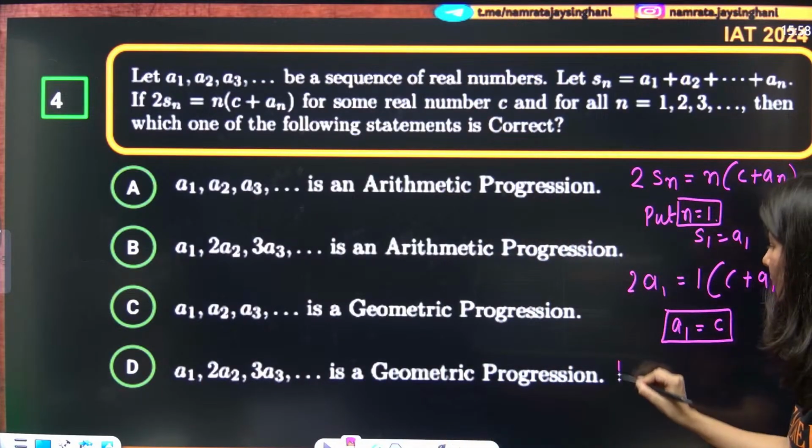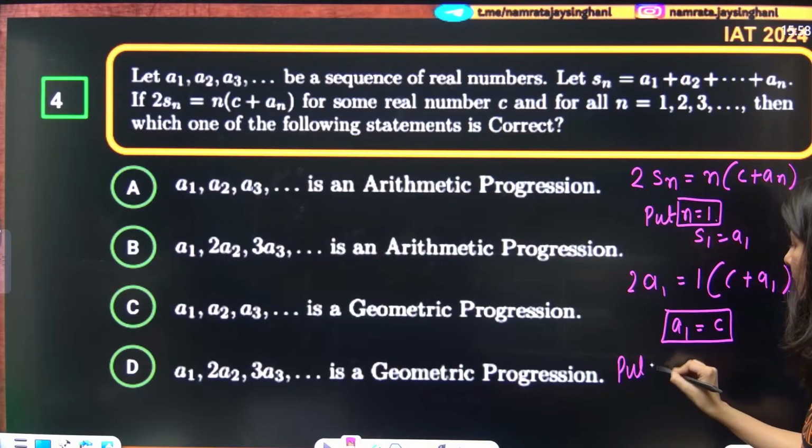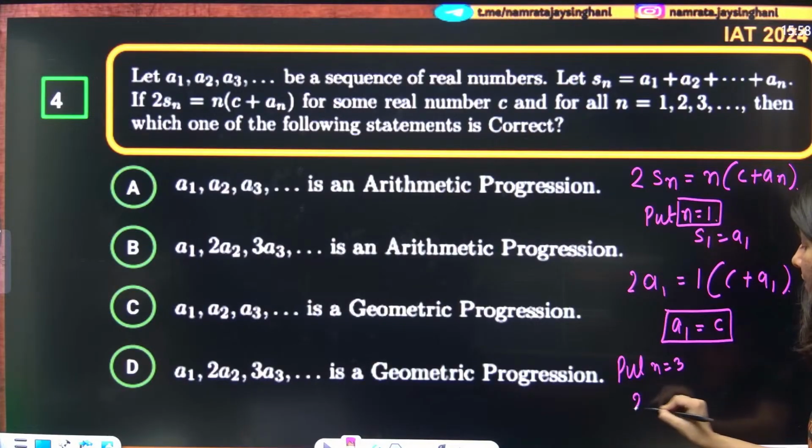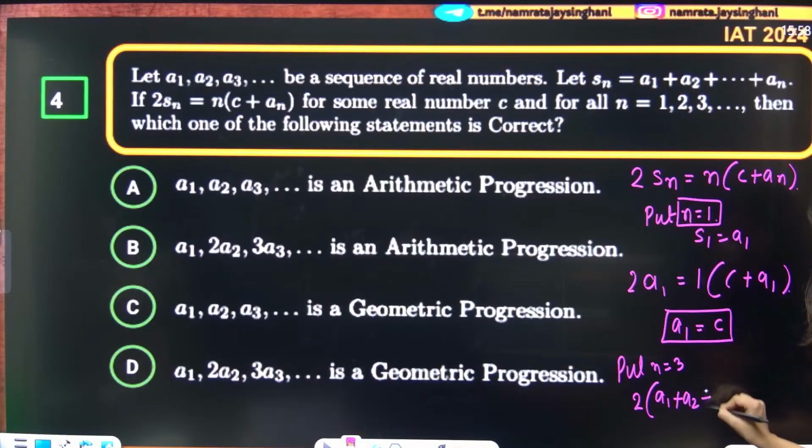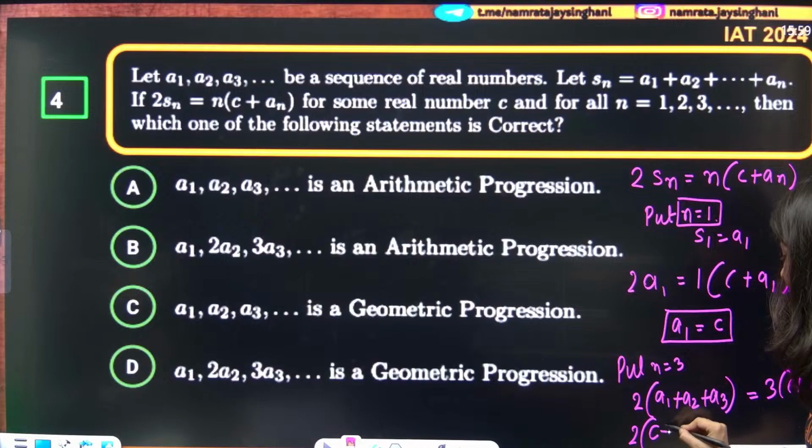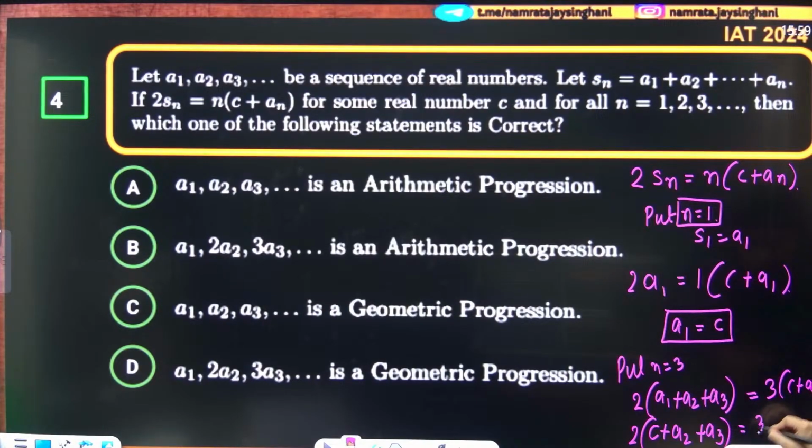Put n equal to 3, then try putting n equal to 3. So 2 times S3, A1 plus A2 plus A3, is equal to 3 times C plus A3. So 2 times C plus A2 plus A3 is equal to 3C plus 3A3.